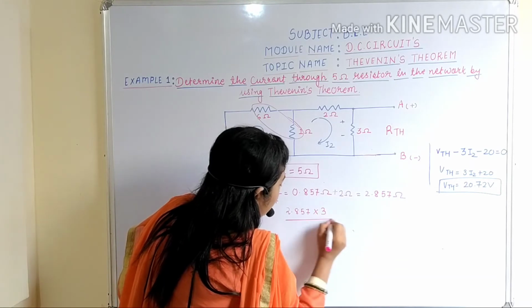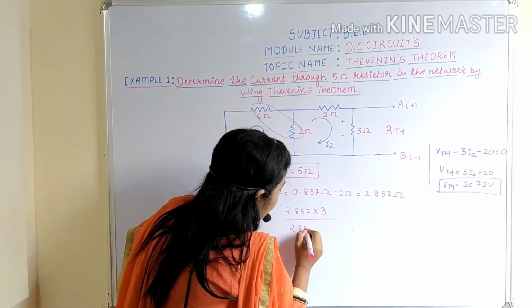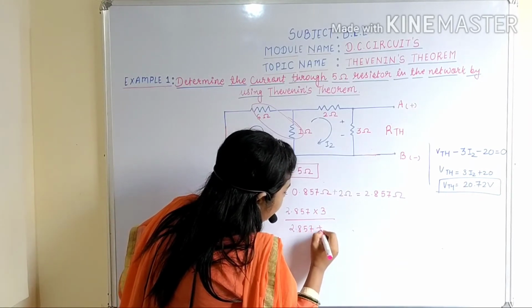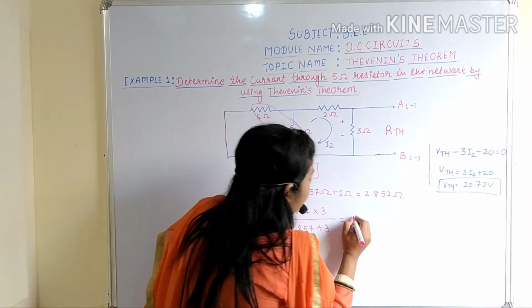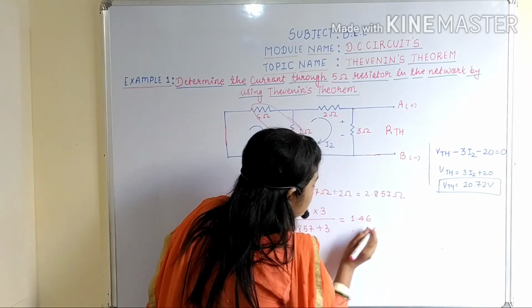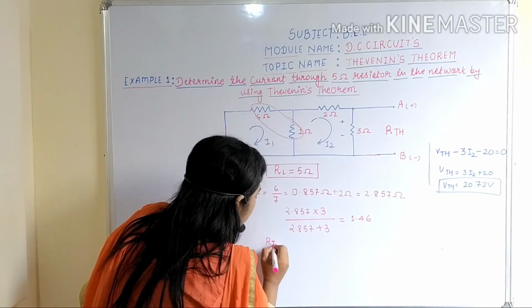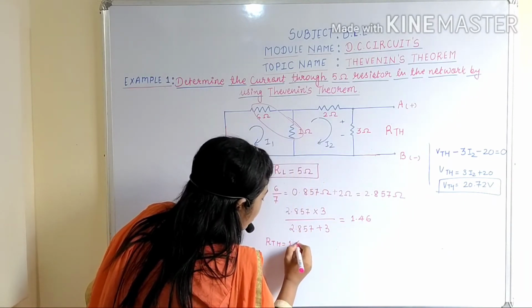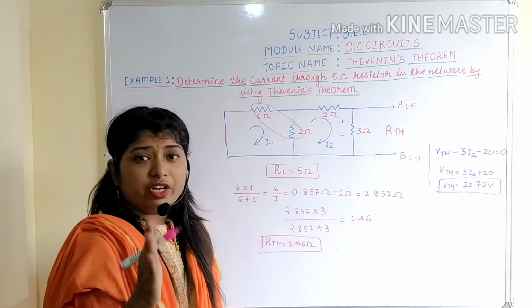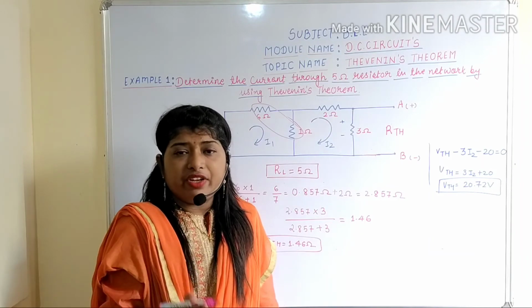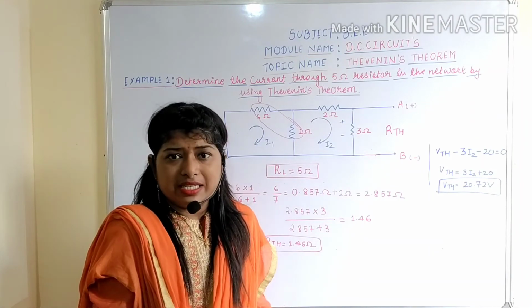So how are you going to calculate that? 2.857 in parallel with 3. After calculating this, you will be getting 1.46. So what is RTH? RTH is equal to 1.46 ohm.